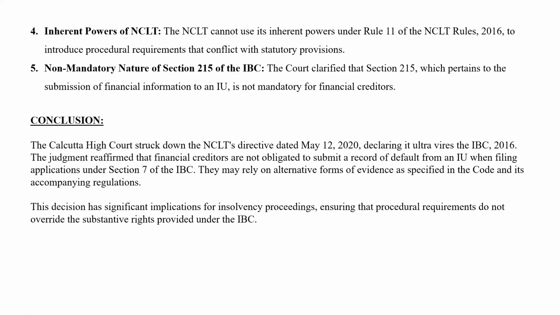NCLT cannot use its inherent powers, because Rule 11 of the NCLT Rules says that NCLT has some inherent powers. And in the examination, they sometimes ask questions on Rule 11 of the NCLT Rules also, to introduce procedural requirements that conflict with statutory provisions. So can anybody read Rule 11 of the NCLT Rules?